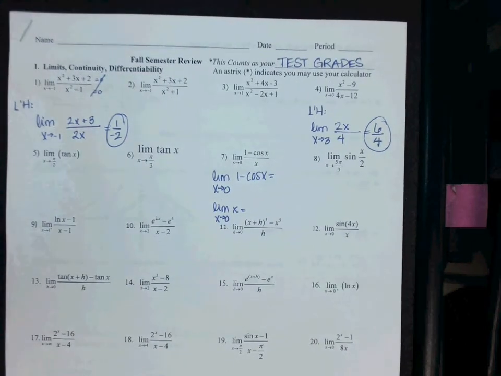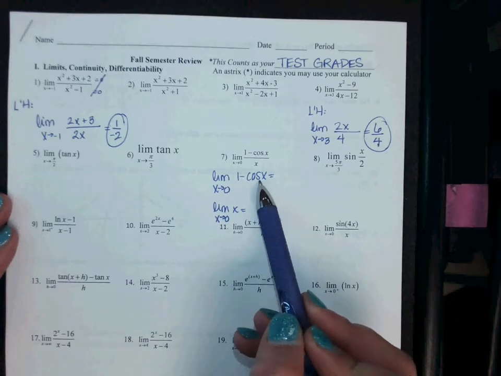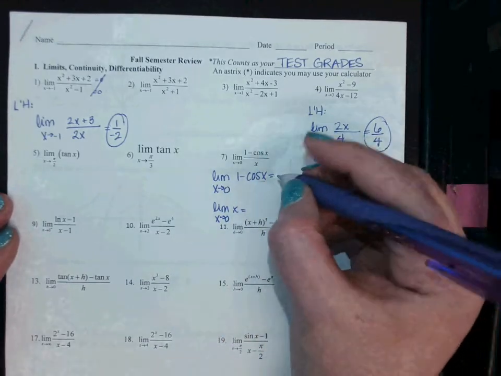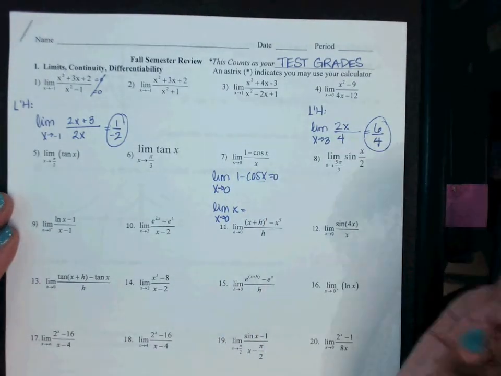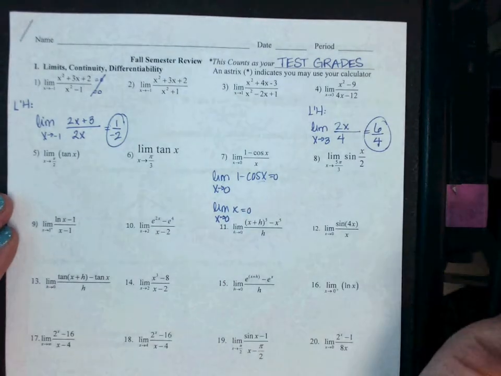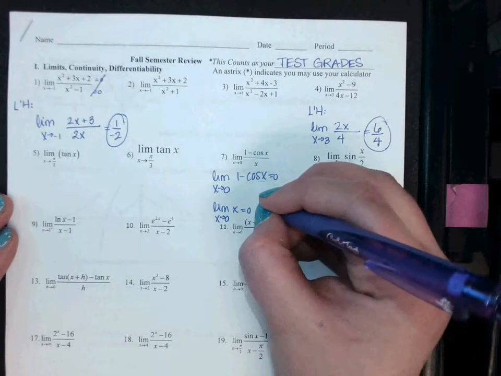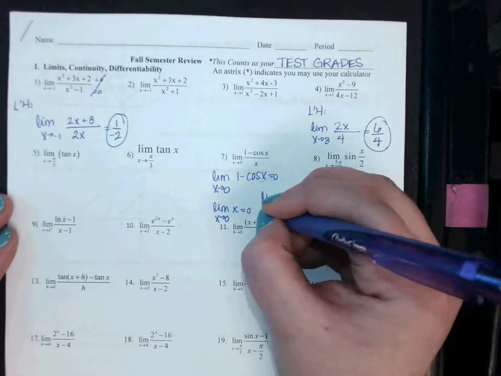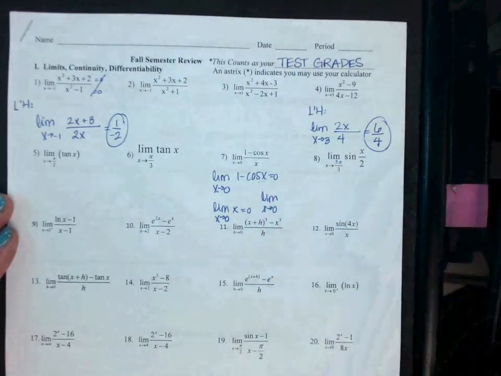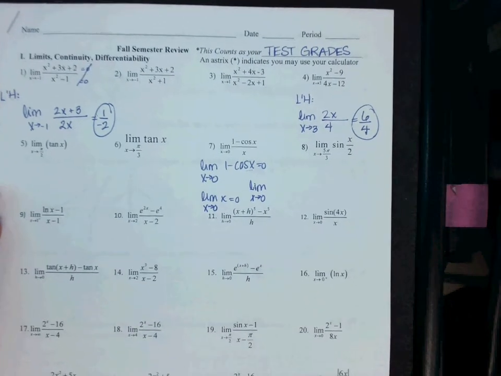So what you would do at that point is say, okay, well if I plug in 0, cosine of 0 is what? 1 minus 1 is 0. Then for x, plug in a 0, you get 0. When those two limits come out to 0 separately, then you do L'Hopital's rule. What's the derivative of 1 minus cosine x on top?